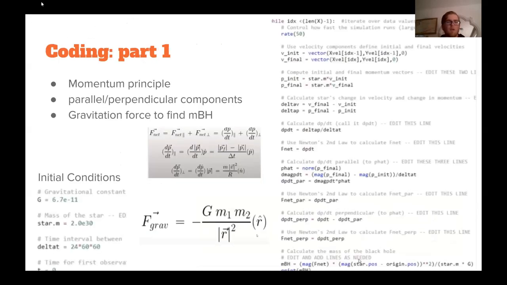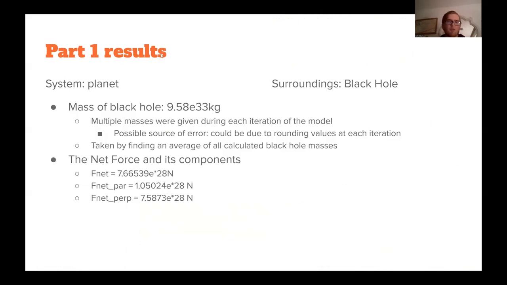All right, for the coding. In the coding, we use the momentum principle, the parallel and perpendicular components, and the gravitational force to find the mass of the black hole. The initial conditions are over here in the corner. For the results of experiment 1, the system was the planet, the surroundings were the black hole.